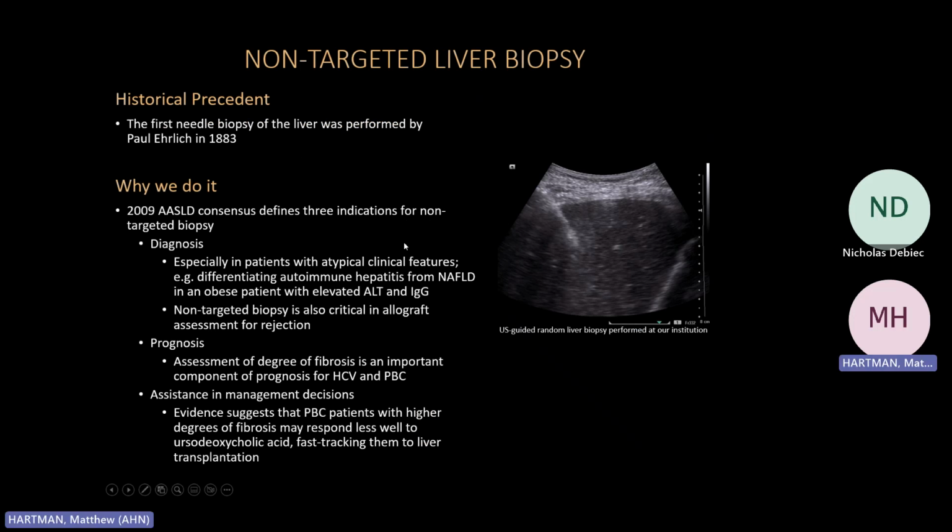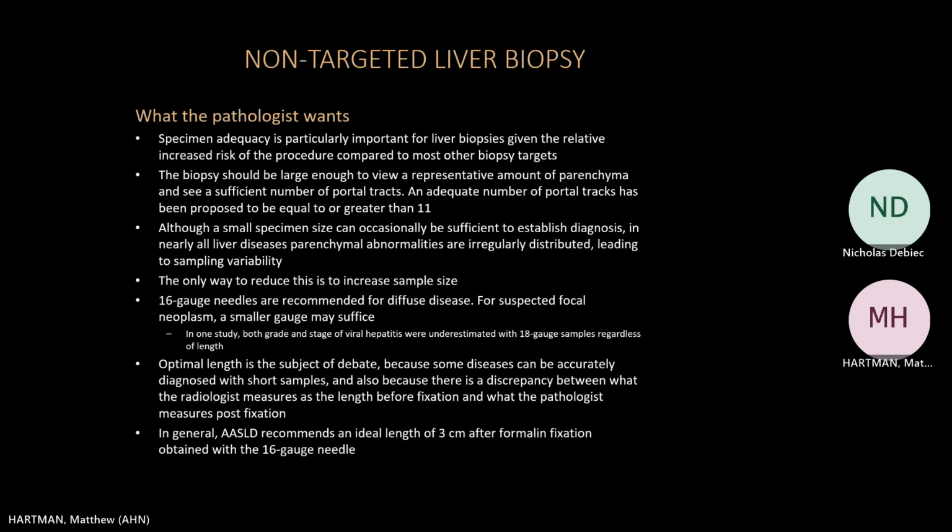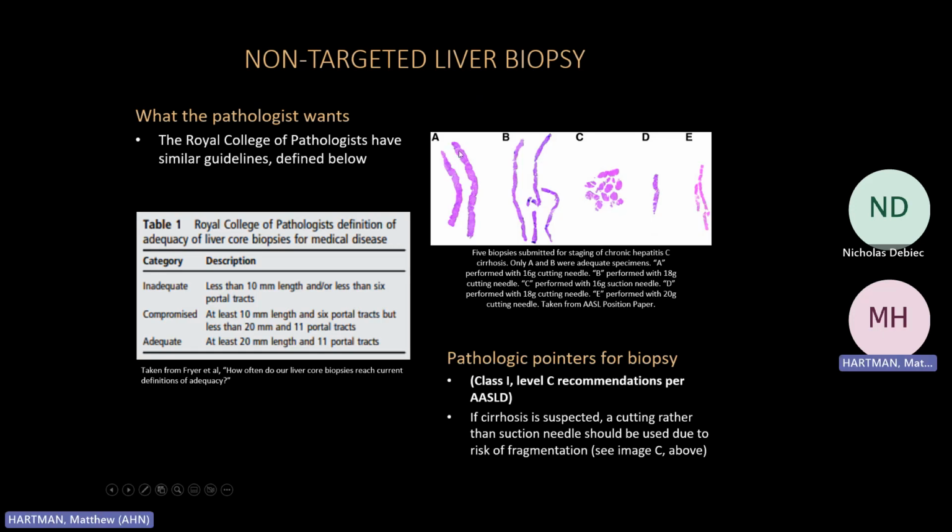Liver biopsies, these can be targeted or non-targeted. By non-targeted, these are usually cirrhotic patients or a transplant, no focal lesion. They just need to know what's going on with the architecture inside the liver. And we will get the pathologist hopefully a nice core sample that they can look at under the microscope.